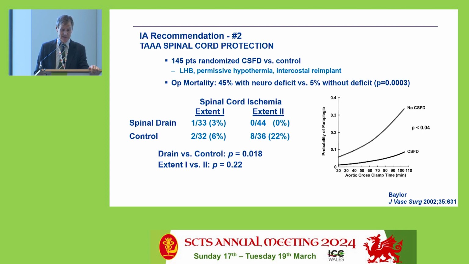So quite dramatic, and that demonstrates how important it is to avoid. And they found that the spinal drain use decreased the spinal cord ischemia significantly when compared to the control group. And that was most relevant in extent II aneurysms that extend from the arch down through the viscerals.